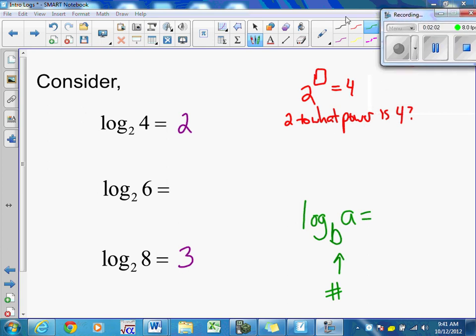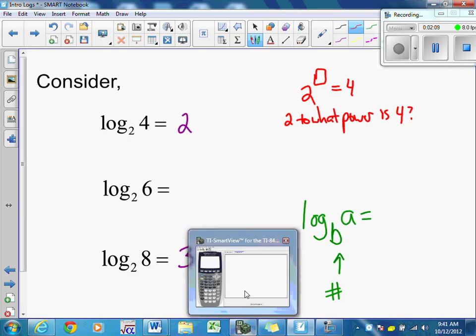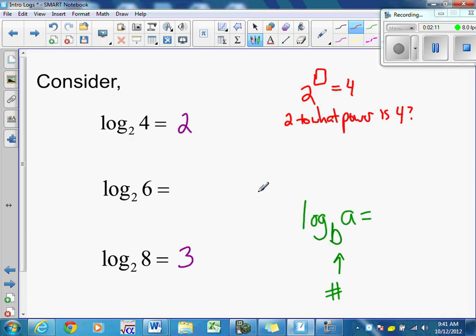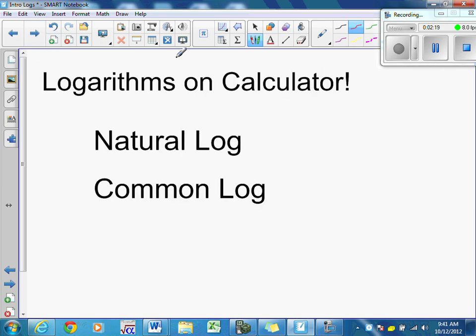That b can be anything, so it's not possible for our calculator to have every single possible base built in. There are only a couple built in, and that's what we're going to look at. What bases are built into your calculator? There are two of them: the natural log and the common log. These are the two we want to look at today. We want to understand them both on the calculator, but also without the calculator as we go forward.